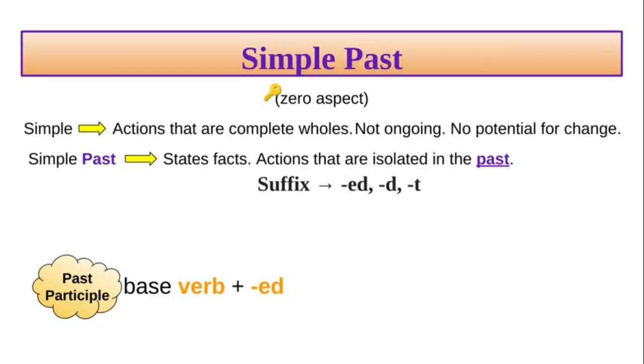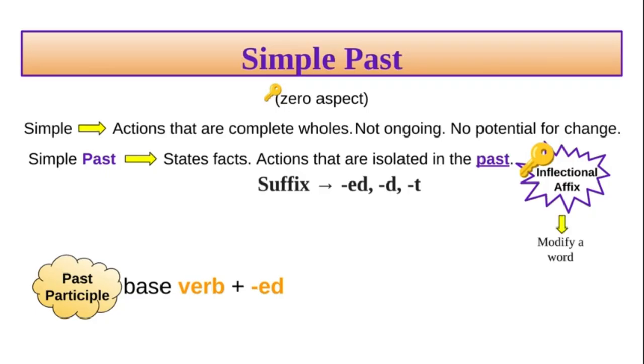These are all examples of inflectional affixes. We're simply going to modify the regular verb to agree in the simple past. They do not change the meaning, they just modify the word. Again, the goal is for the verb and the subject to agree in person, number, and tense.